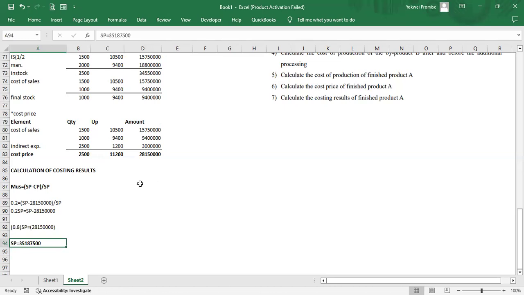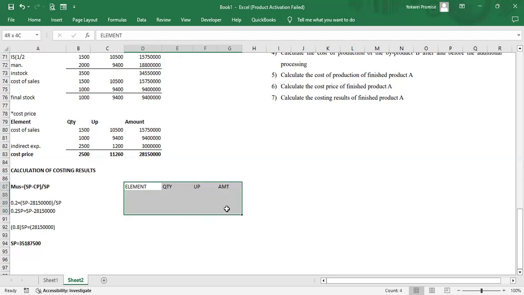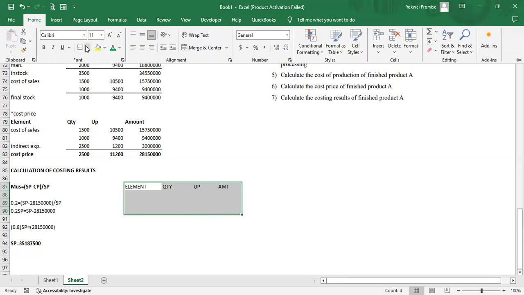So now the costing result will be: element, quantity, unit price, amount. Let me put borders here, all borders.